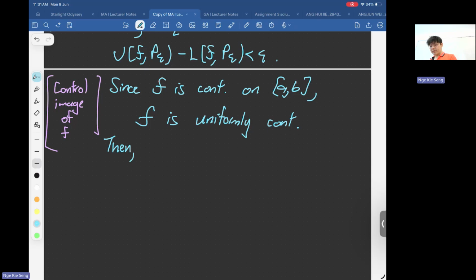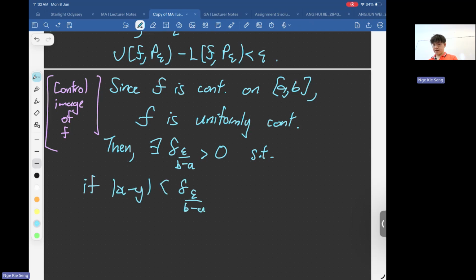If you fix epsilon, you will have a delta that works for all x, y within delta. So let's say I fix epsilon over b minus a. There exists a delta such that if x and y fall within delta, then I can make sure their images are within epsilon over b minus a.